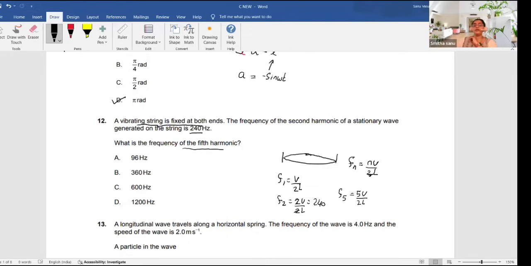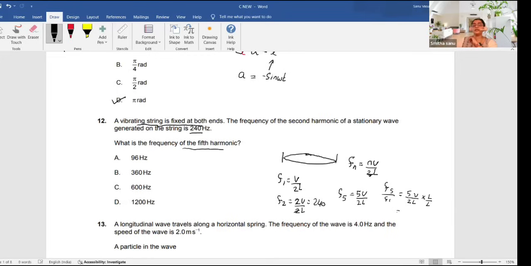And if you compare v over L to 5v over 2L, that is, if you divide F5 by F2, it is 5 by 2 v over L multiplied by L over v.